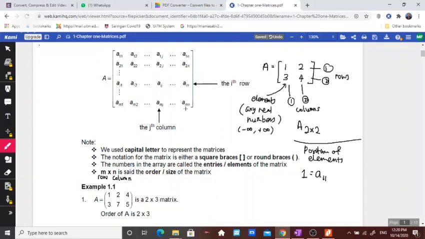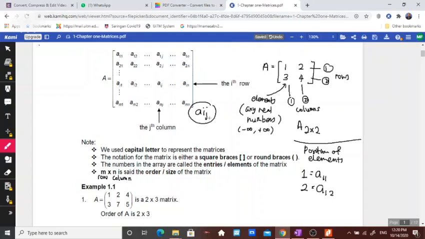You can look here, a11, a12, so a i j represents the position of elements. Next, for element 2, the position of 2 is on the first row and the second column. That means 2 is a12.